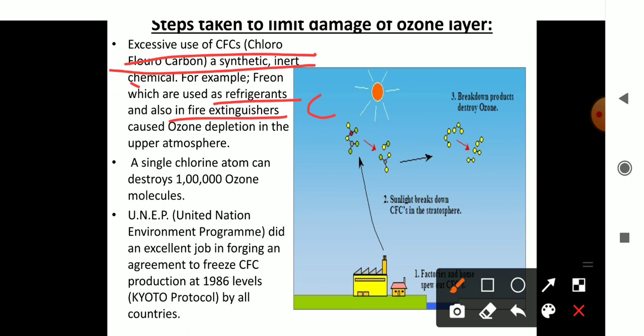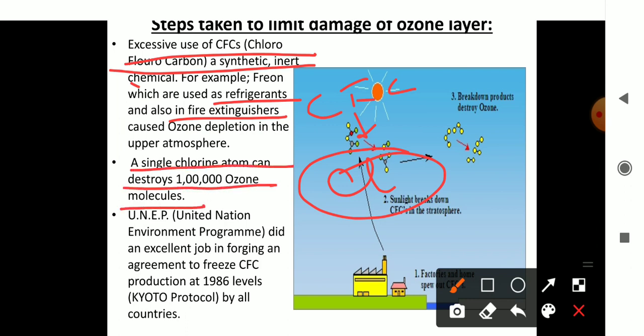When CFC is released in the atmosphere, it releases free atoms of chlorine, and when the chlorine atom drifts through the stratosphere, it starts degrading the ozone. It's estimated that one single atom of chlorine can destroy around 1 lakh ozone molecules.